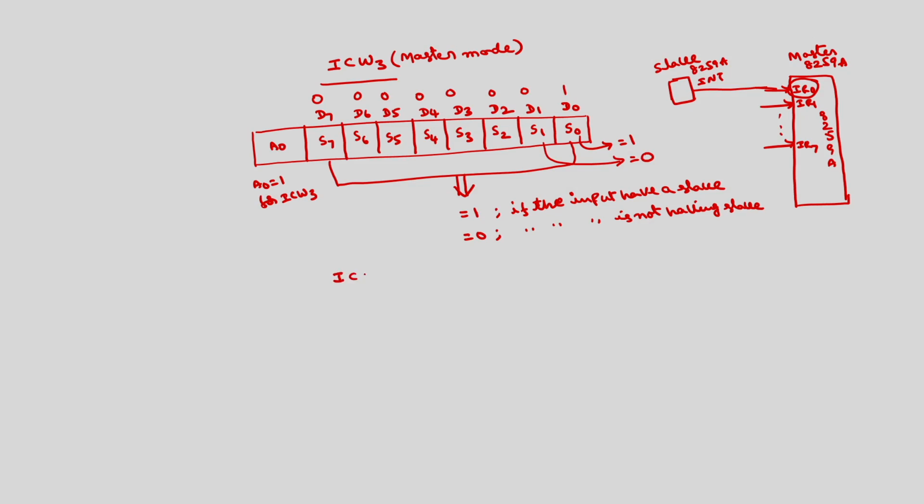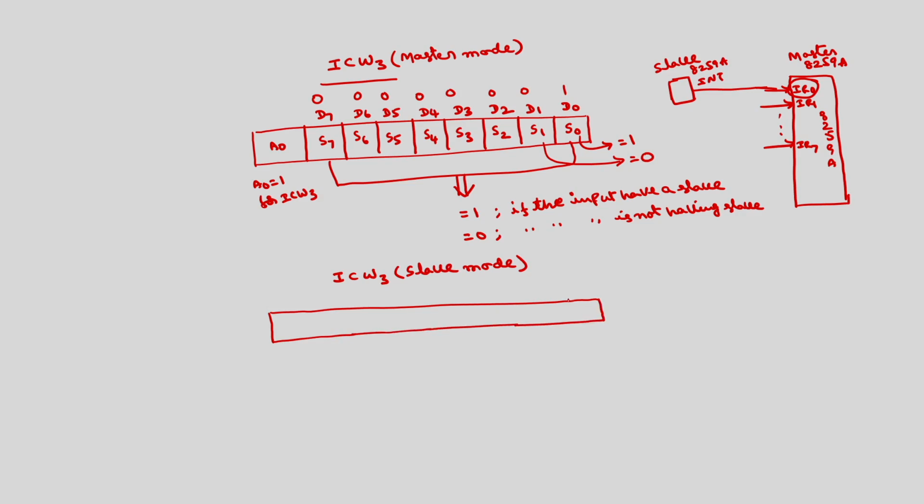For ICW3 in slave mode, the format is ID 0 to ID 2, and then we have all zeros.